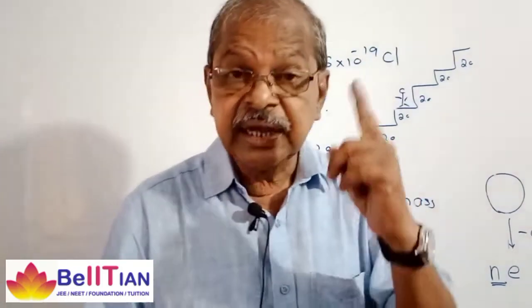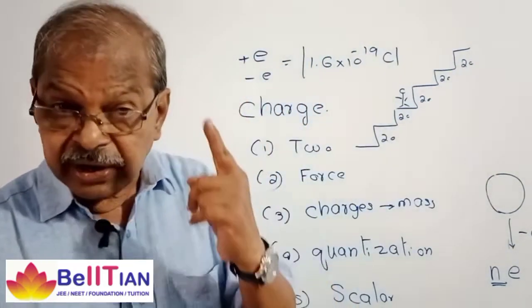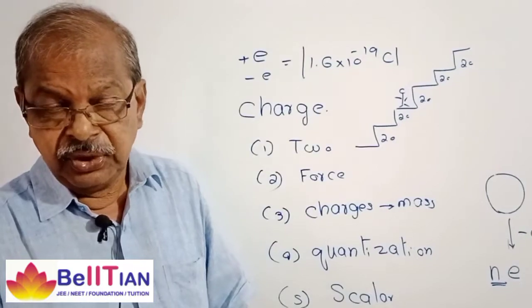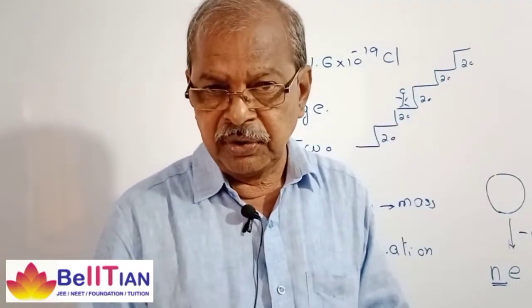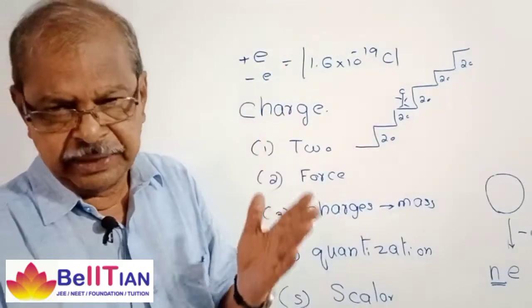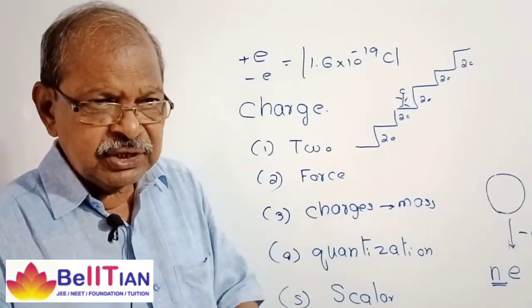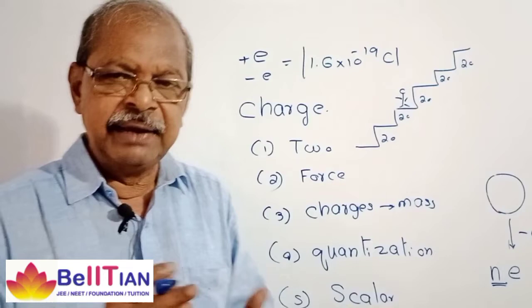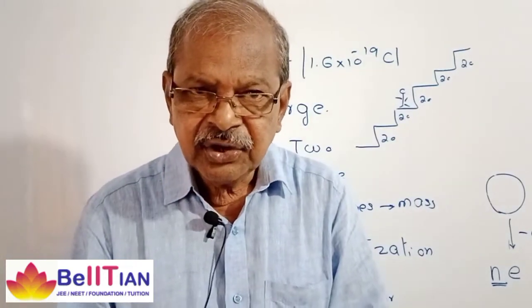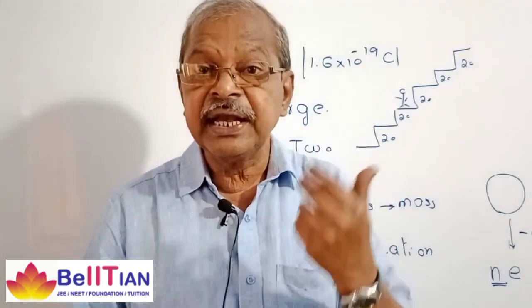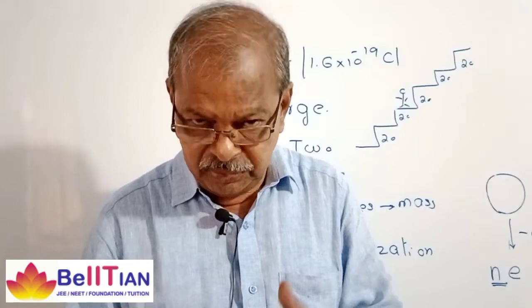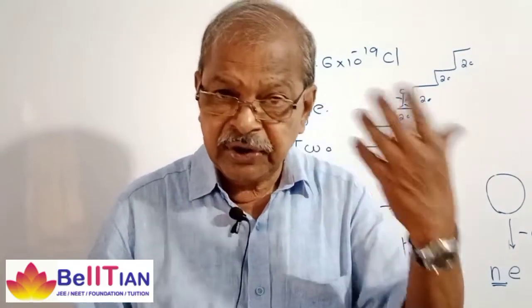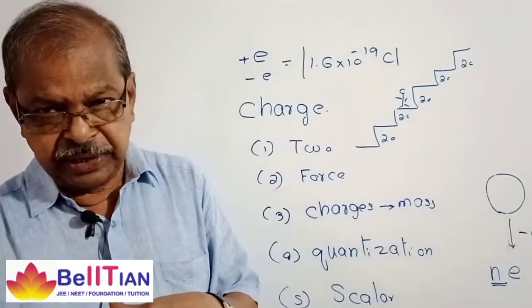You cannot create an electron, you cannot destroy an electron, you cannot create a proton, and you cannot destroy a proton. That means the total charge in this universe can be considered constant.